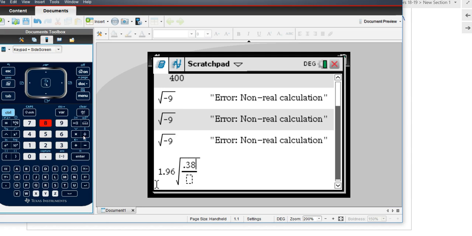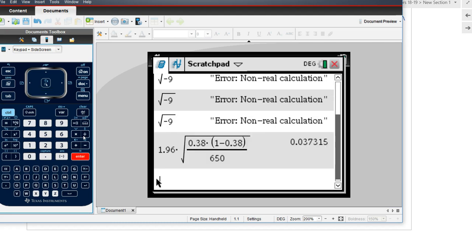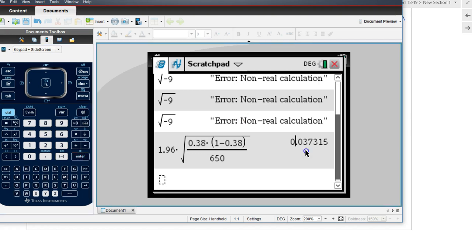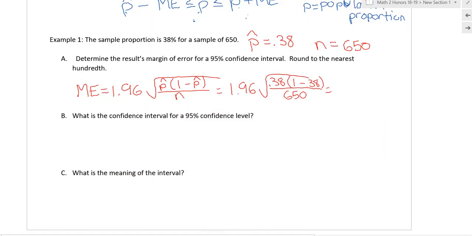We have 0.38, and then 1 minus 0.38 divided by 650. Okay, and we get this string of numbers, and we're rounding to the nearest hundredth. So 2 decimal places, so we're going to round up to 0.04.